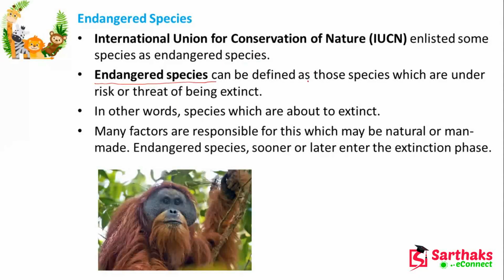This can be defined as those species which are under risk or threat of becoming extinct. A few of these animals are available now, but it is a very critical condition, they are at risk and may disappear after a very short time. So these are the endangered species.